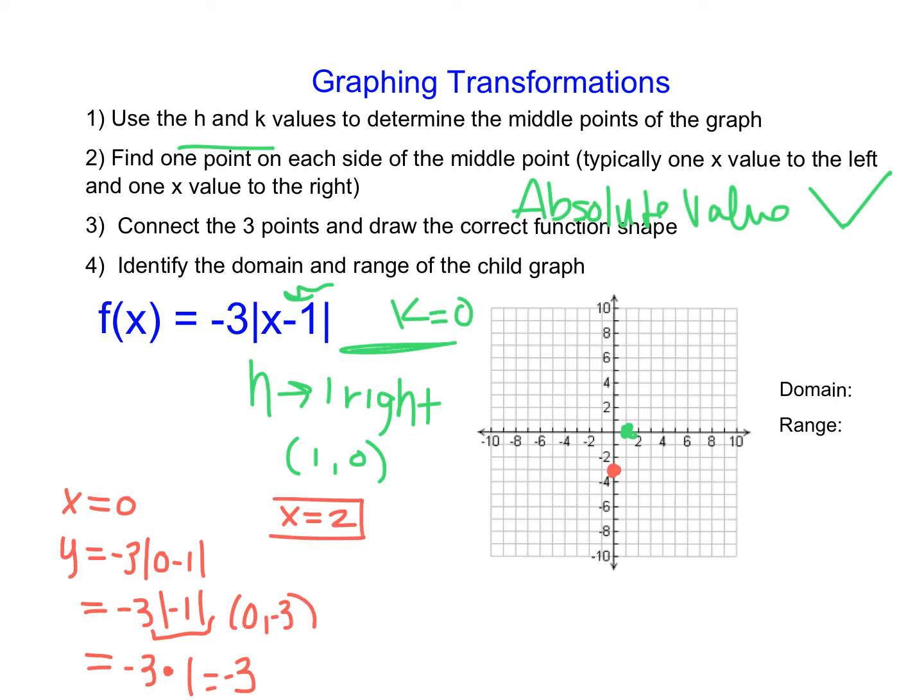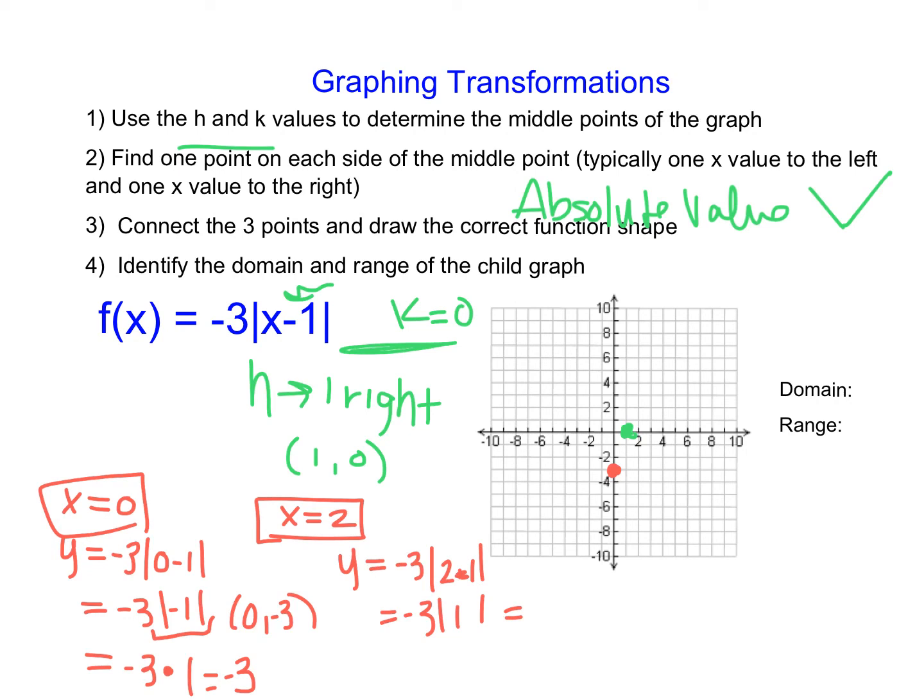Now if we repeat this process with x is equal to 2, we're going to do the same thing but with 2 instead of 0. So we have -3, absolute value, 2 minus 1. So -3, we do what's inside the absolute value first, which is 2 minus 1, which is just a +1. Then from here, we have to evaluate the absolute value of 1.